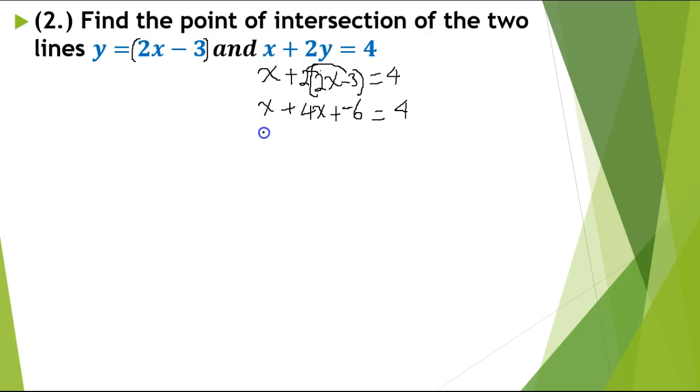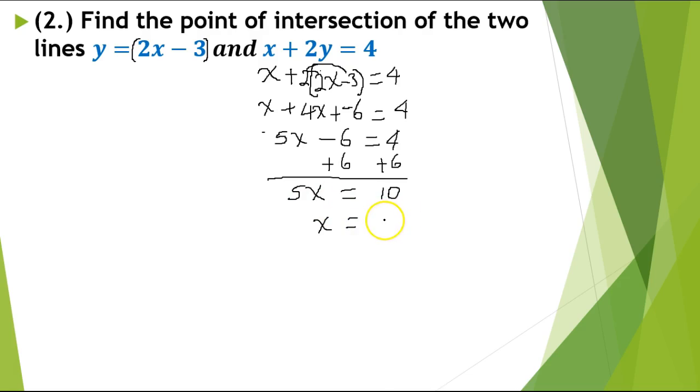Now simplify, collect like terms. We have 4x and 1x here, so that gives us 5x, and then minus 6 equals 4. Now we can add 6 to both sides. This is normal solving of equations. So that's 5x equals 10. When we divide both sides by 5, x is 2.